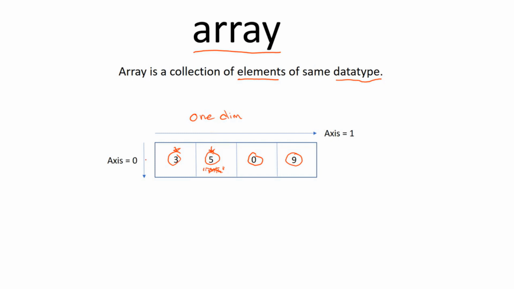So this is 0, and this is 1. This is an axis; more than one of these is axes. So how do we know the position of these individual elements in an array? Well, over here, if this is 0, then this must be 0.